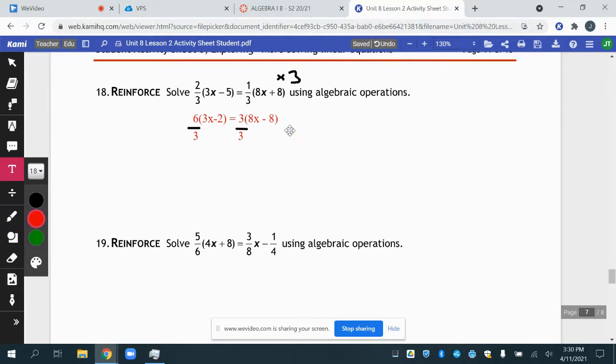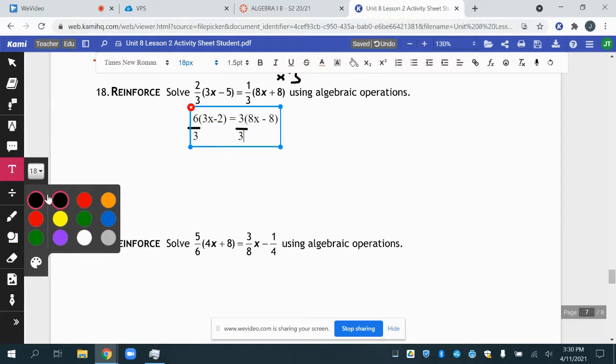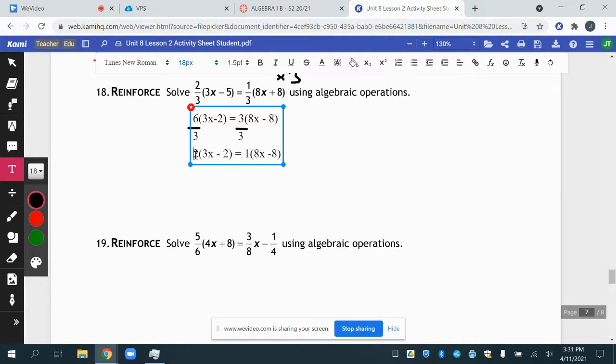And back to the text, change it to black, which leaves me with 2 times 3x minus 2 equals 1 times 8x minus 8. So that's what it looks like. I multiply both sides by 3. We can see why that's helpful.